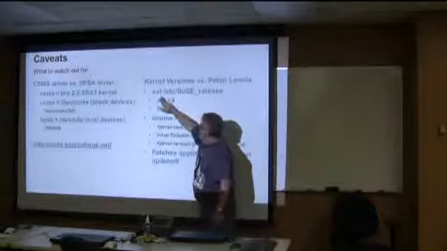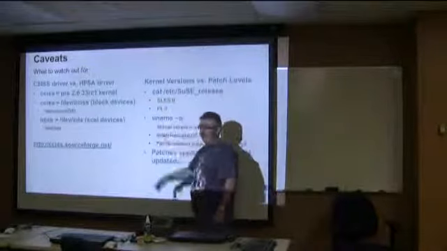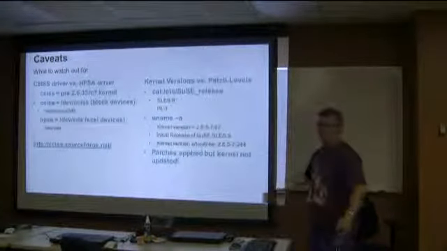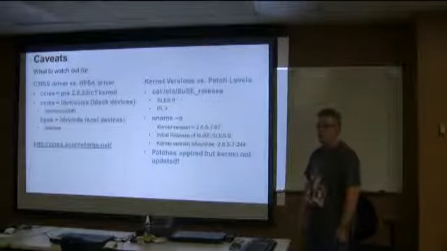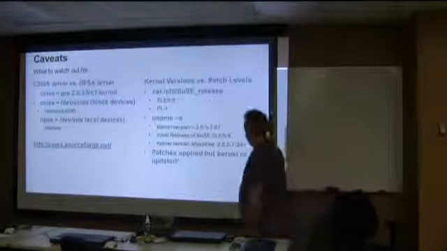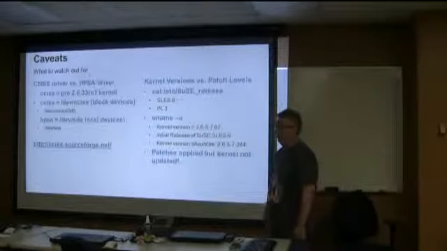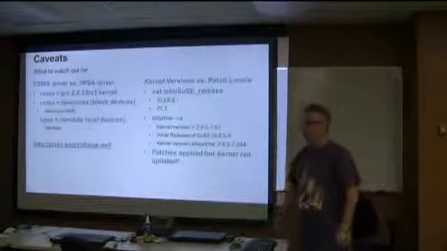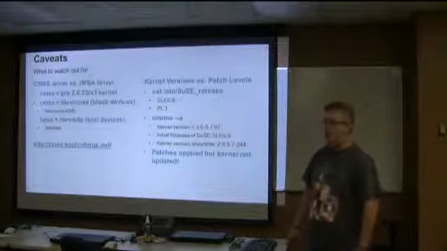And here, I was talking at the very beginning, we did a cat on /etc/SuSE-release, and it said SUSE 9 patch level 3. Great, we can use a ProLiant, whatever, generation 6 or 7. Come to find out, the kernel version wasn't coming out right. And the only reason we found that out is the target systems wouldn't boot once we put the new kernel on it.